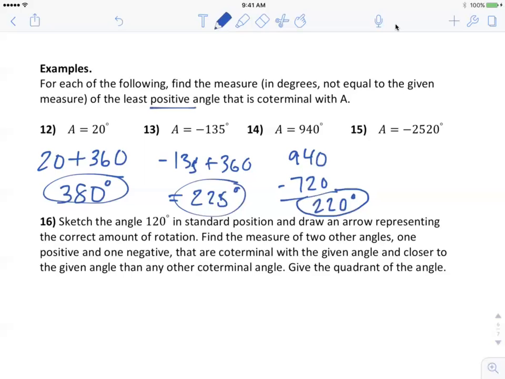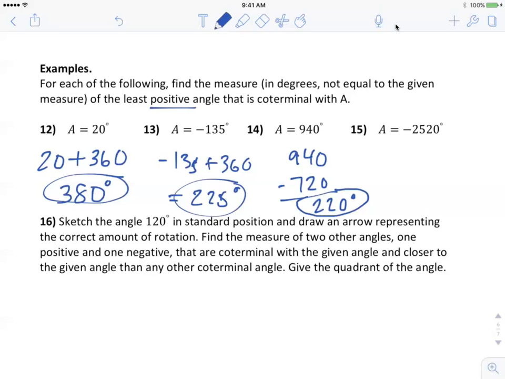Ooh, negative 2,520. That's a lot of rotations. So I'm going to add some multiple of 360. I might explore with my calculator. What's 360 times 8? Right, that's 2,880. What's 360 times 7? Oh, well, 360 times 7 is exactly 2,520.